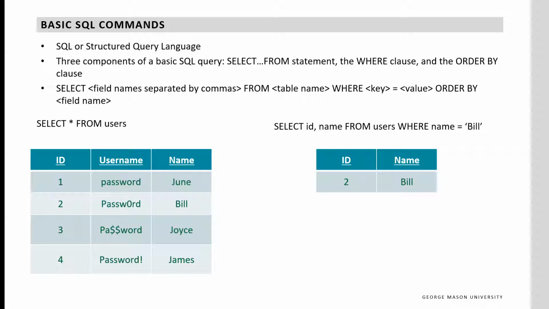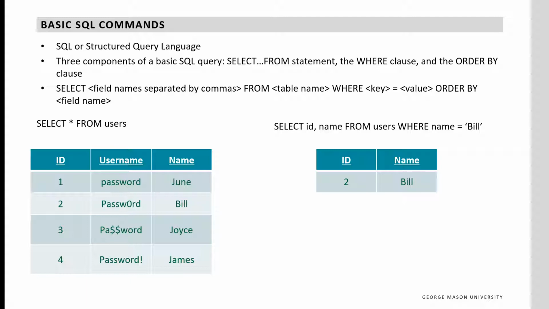But if you modify that statement, or expand upon that statement, on the right-hand side, and you wanted to get a specific piece of information, this statement says select ID, which is that unique ID, from the table users, where the name equals Bill.